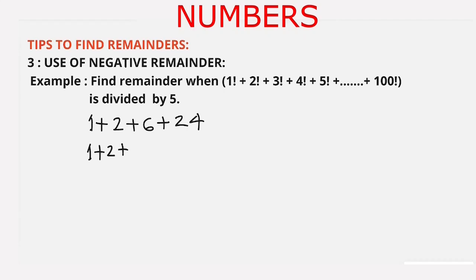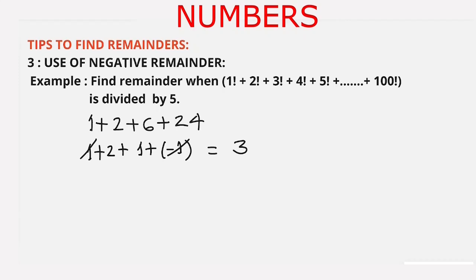When 6 is divided by 5, the remainder is 1. And when 24 is divided by 5, the remainder is minus 1. So this one is cancelled by this one, and the remainders will be 2 plus 1 is 3. This way we can use the negative remainder and reach the answer fast.